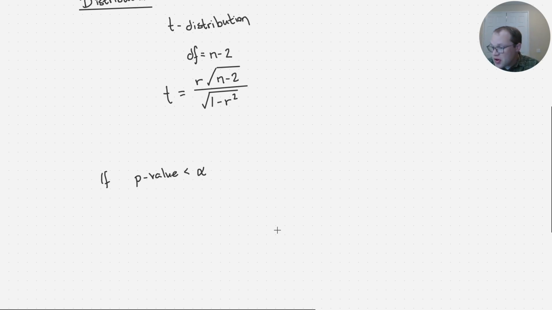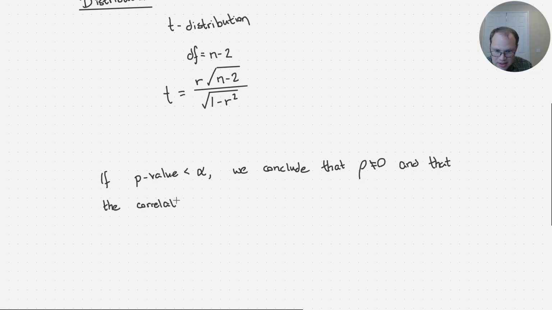We conclude that there is at least some degree of linear correlation in the population. We conclude that the alternative hypothesis is true, that rho is not 0, which means that the correlation between the data is statistically significant.